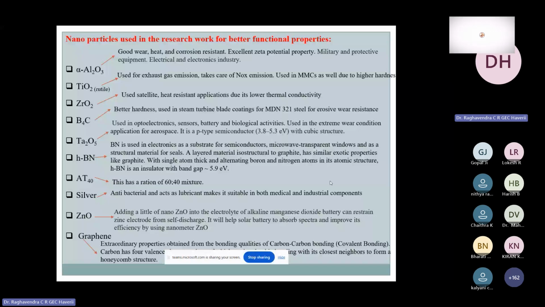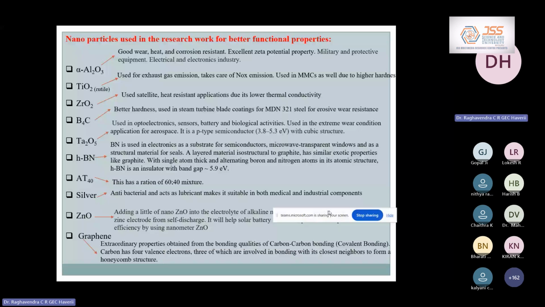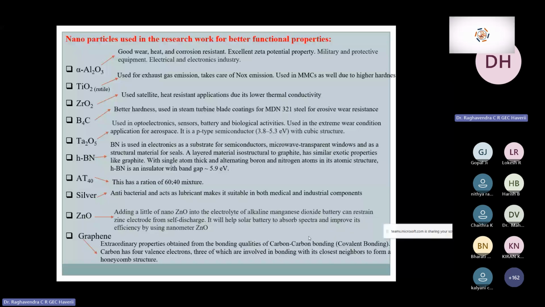And then the graphene. The beauty of graphene is that it is a carbon-based material which can be used in various thicknesses. It can be used as a powder. It can be used even in the form of sheets because of its structure.